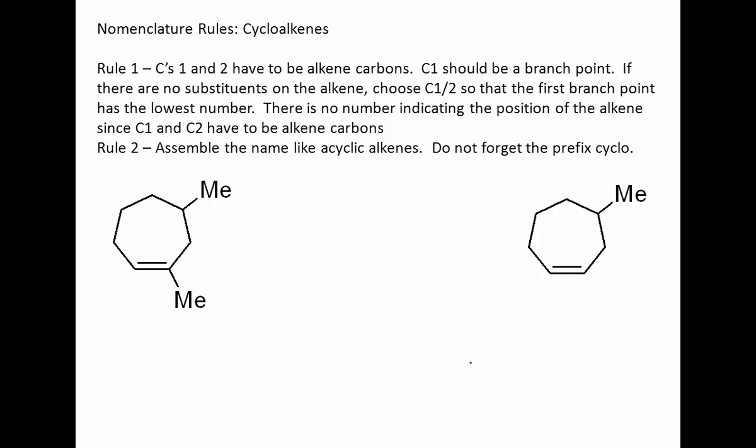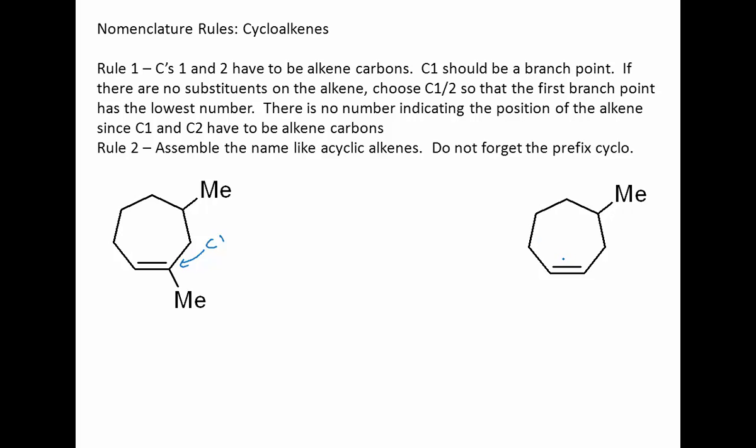Rule 2 is that we assemble the name like acyclic alkenes. Don't forget the prefix cyclo. Because of rule 1, we're going to see that these two compounds look very similar, but they're going to have quite different names. If we look at the rules applied to the compound on the left, of course, this has to be C1.